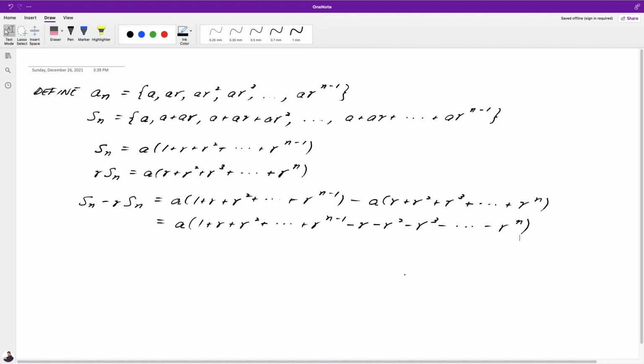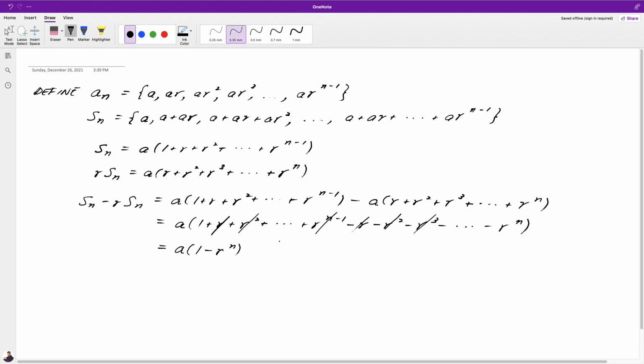Well, this is not going to be so hard to figure out. As we can see, everything is going to cancel out except the 1 minus r to the n. So I'm going to have a times 1 minus r to the n.